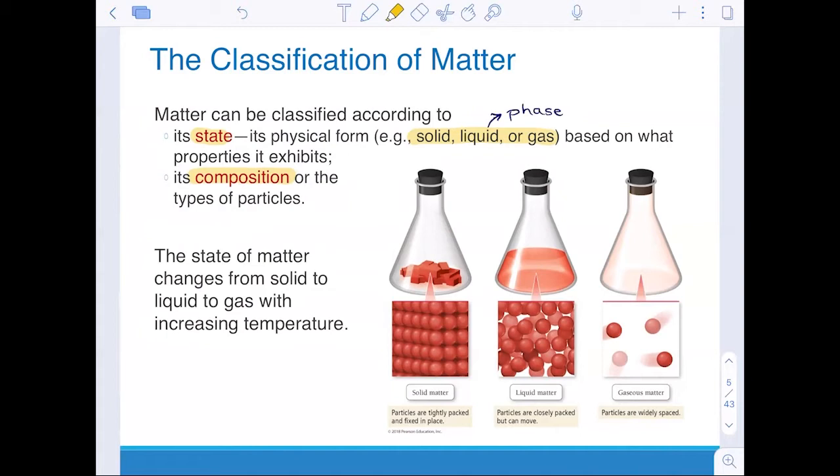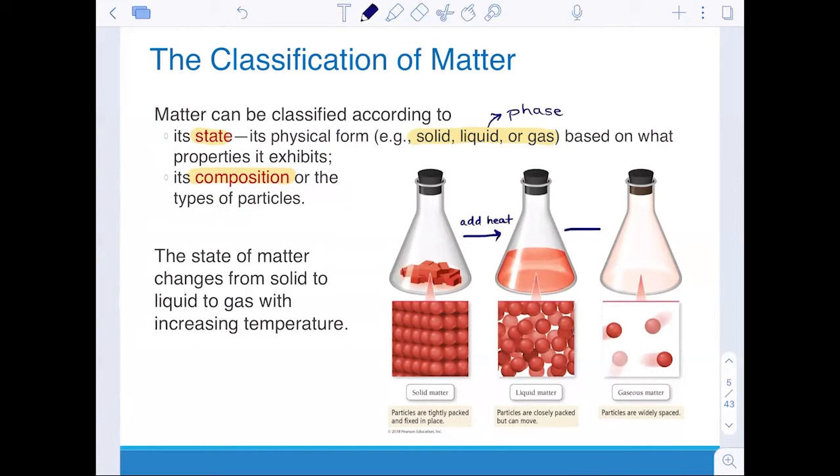Overall, the state is something that I think we're all a little bit familiar with. The state of matter changes from solid to liquid to gas as we increase temperature. So if we think about a solid, I use this diagram, we can add heat to an ice cube and make it turn into liquid water.